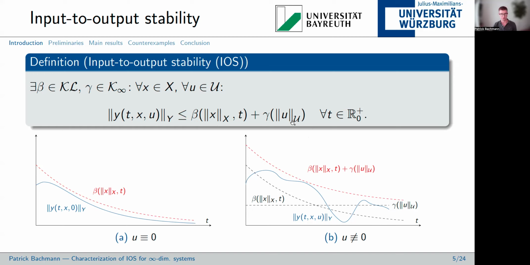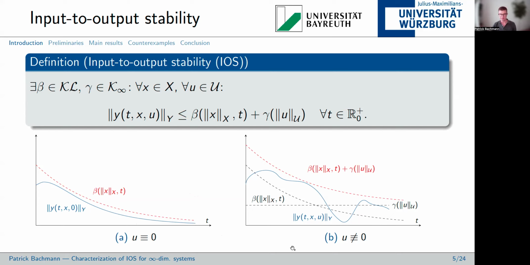What does this mean intuitively? Let's first consider the case where we have zero input. Then we have a bound in terms of the initial condition, which is falling along the trajectory, and the output should remain below this red dashed bound.